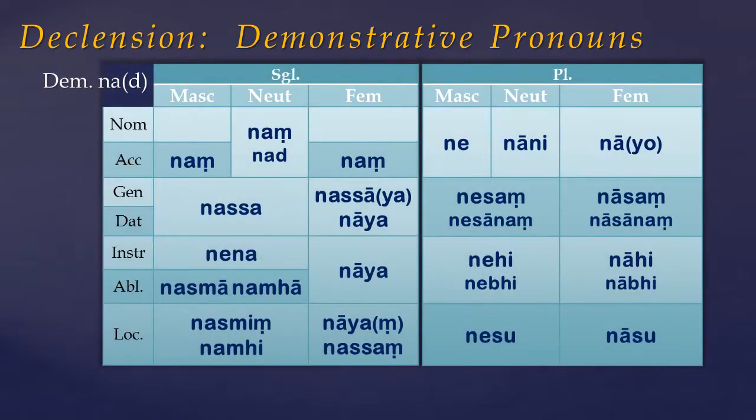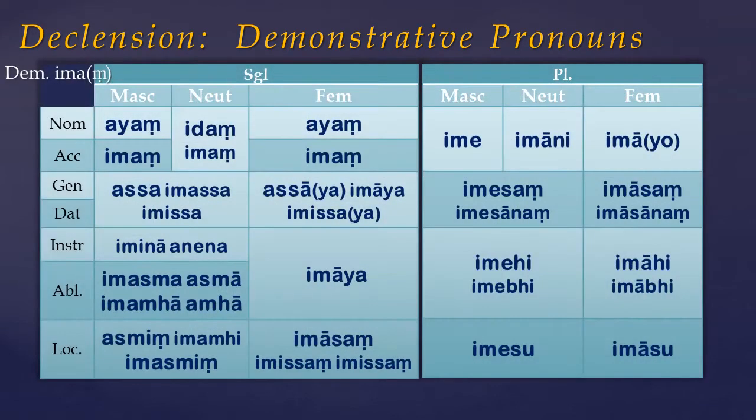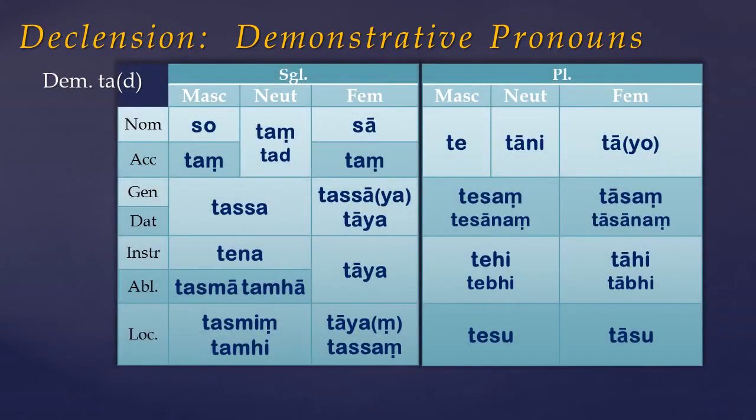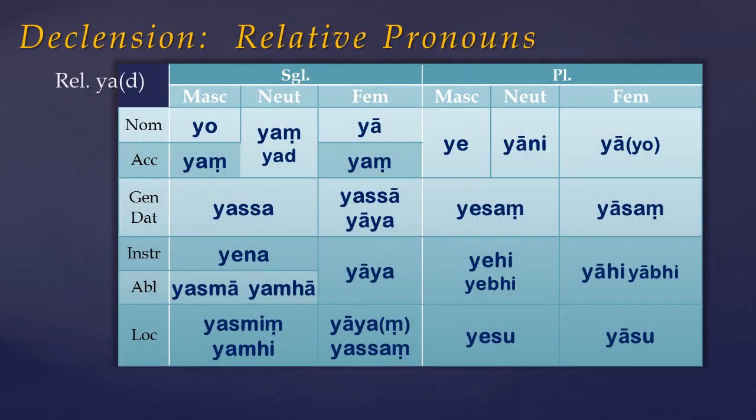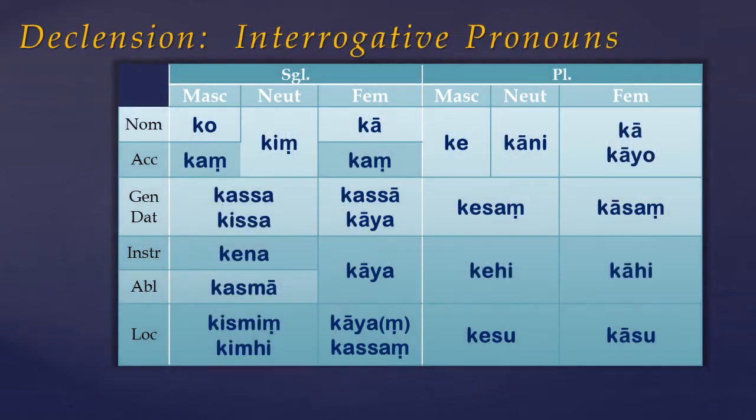And Warder now introduces us to a similar form on the stem na, and there are also those based on the stem ima. Finally, if we go back to the ta stem forms, we can see the similarity with the relative pronouns based on the stem ya, and also with the interrogative pronouns based on the stem ka.